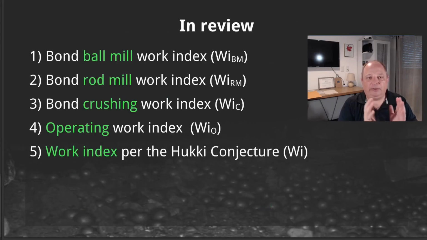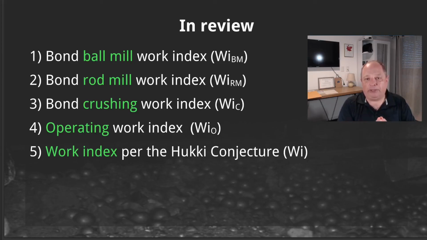So in review, we have a Bond ball mill work index, which obviously works for ball milling size ranges. We have a Bond rod mill work index, which is often used in Barrett's equations to describe a large part of what a sag mill does. We have a Bond crushing work index, which obviously is used for checking the motor sizes on crushers. And it's also used in Barrett's equations to describe the very coarse part of what happens in a sag mill.